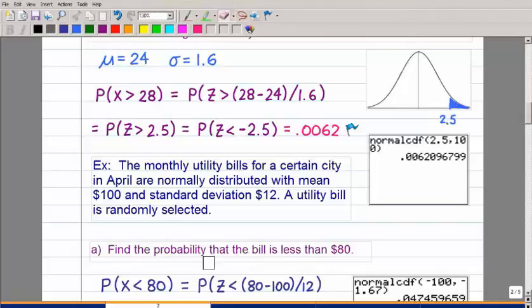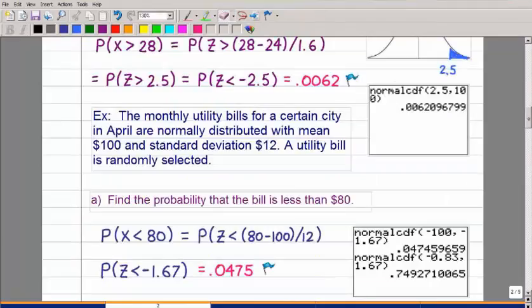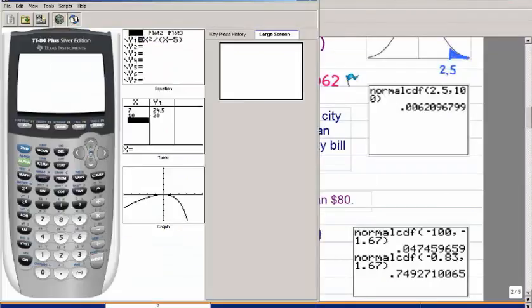So I have to convert that to a Z. So it's 80 minus 100 divided by 12. Now, I'll show you we had to use rounding here because 80 minus 100 is negative 20 divided by 12, negative 1.6666. So we round that to 2 decimal places. So I'm using negative 1.67.